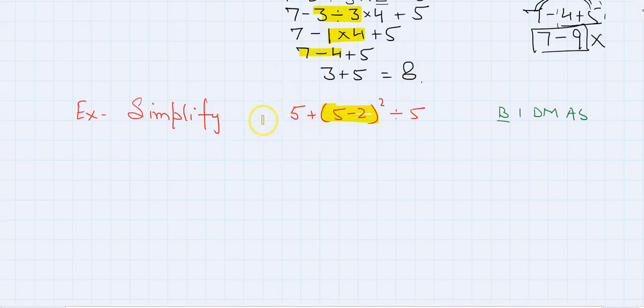So it will be 5 plus, 5 minus 2 is 3 square, divided by 5. 5 minus 2 is 3 square. Now we are going to solve indices, 3 to the power 2. So 3 to the power 2 is 9, so it will be 5 plus 9 divided by 5.